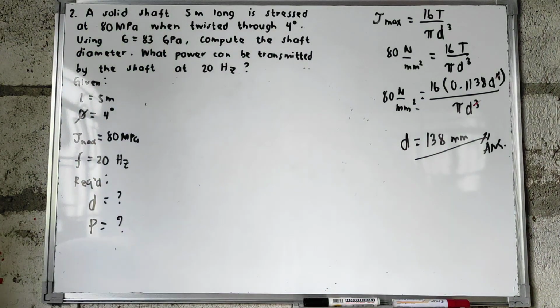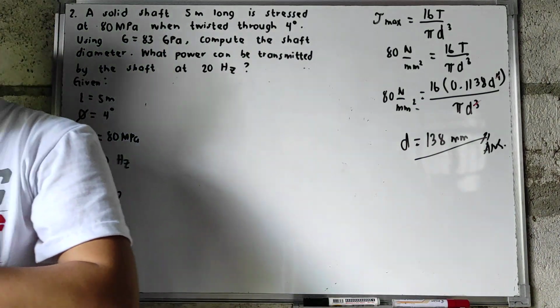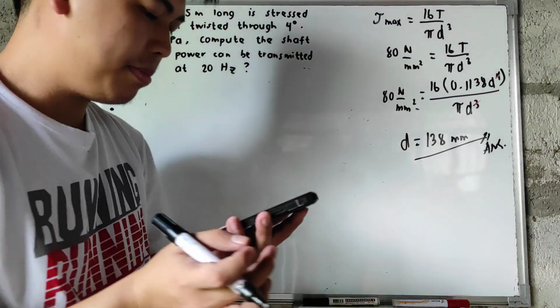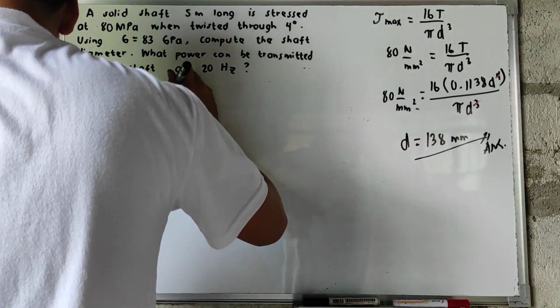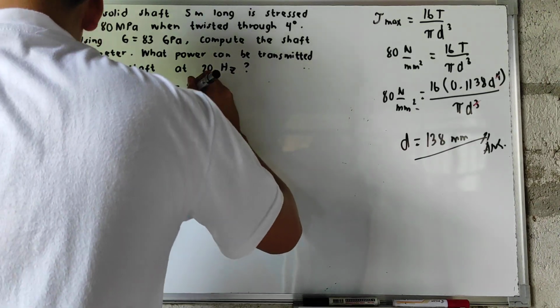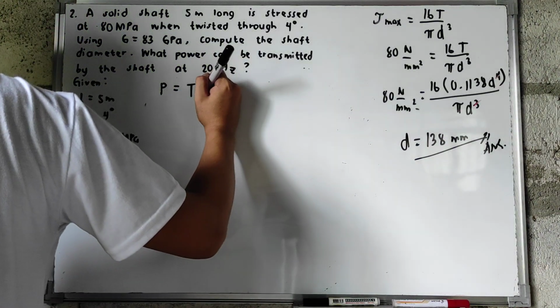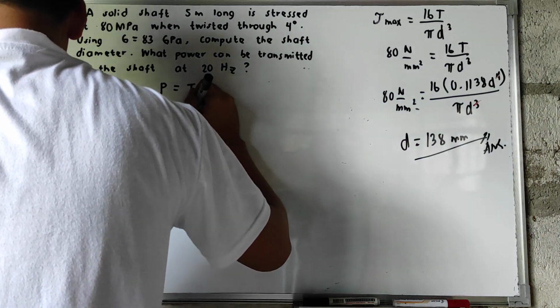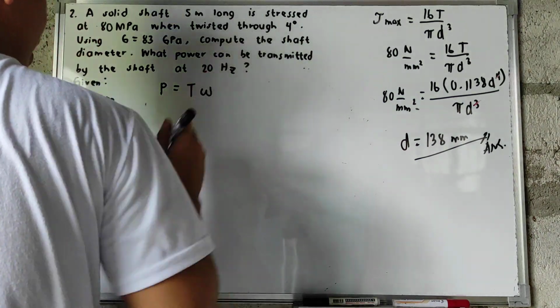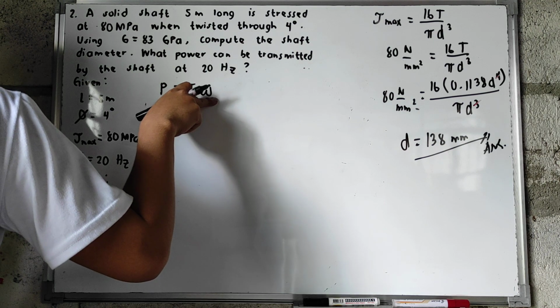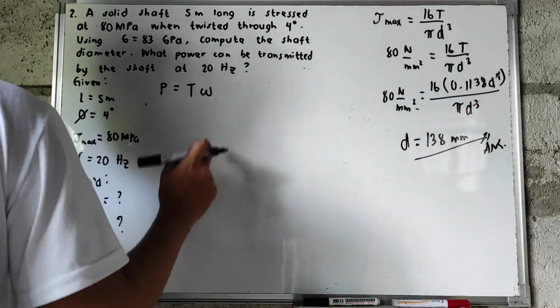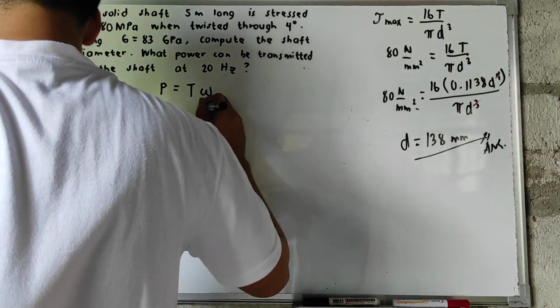The power transmitted by the shaft, denoted by P, is equal to T, the torque itself, multiplied by our angular velocity W, which is in radians per second.